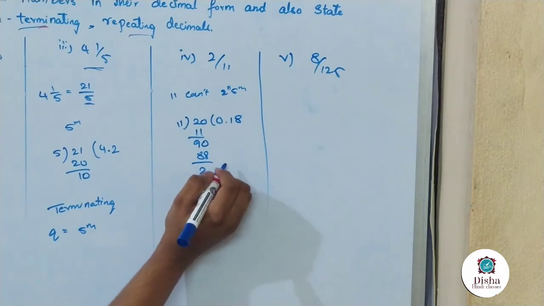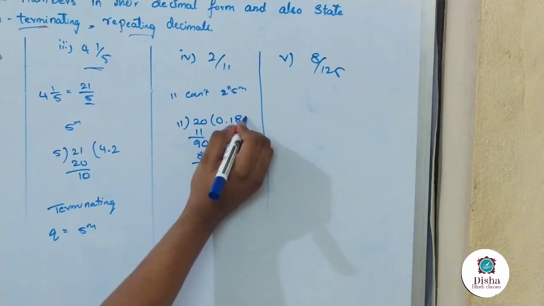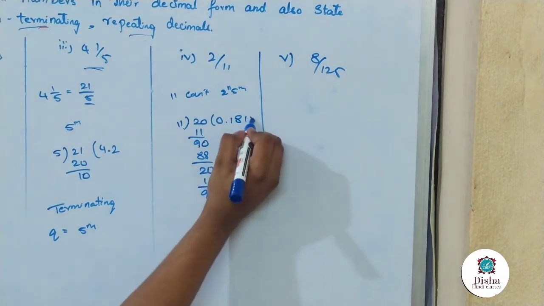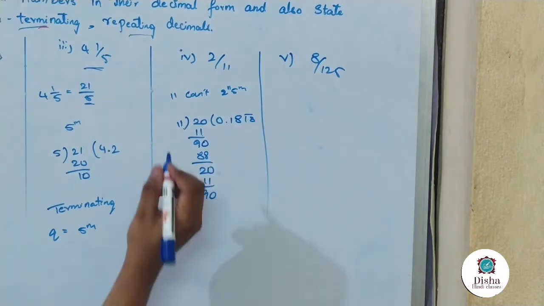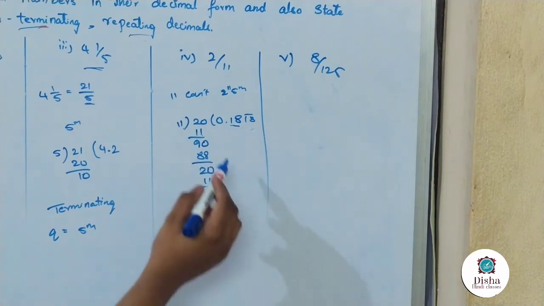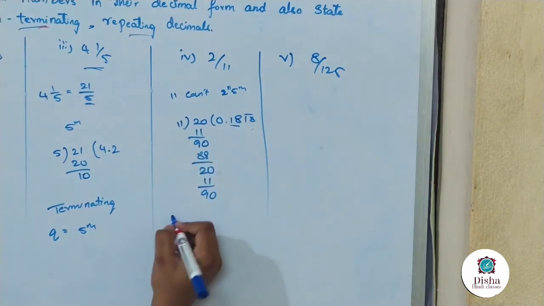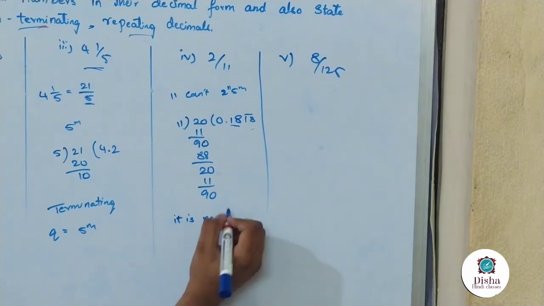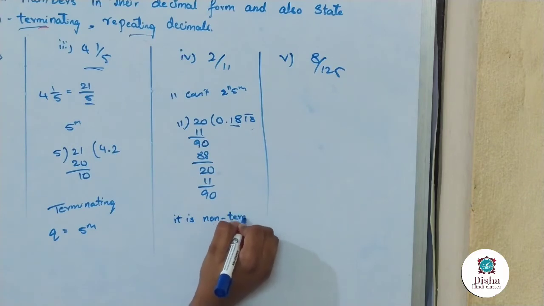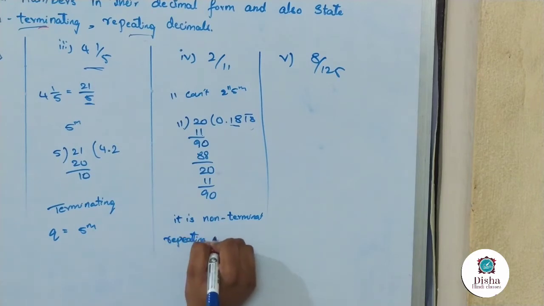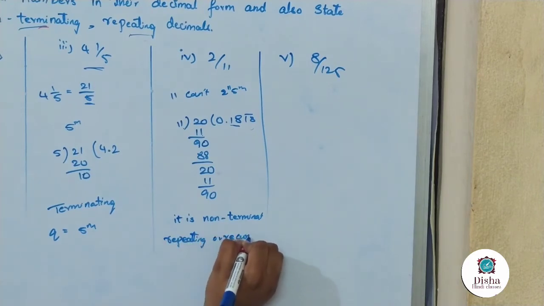Again we get 2 here. So again 20, again 1, again we get 9, again 88. So it is 0.18 bar. Because this 18 is repeating itself, if you continue dividing you will get the same thing. So we can write it is a non-terminating, repeating or recurring number.